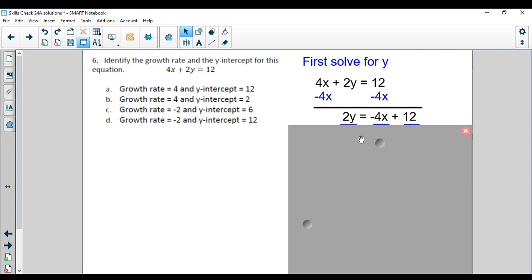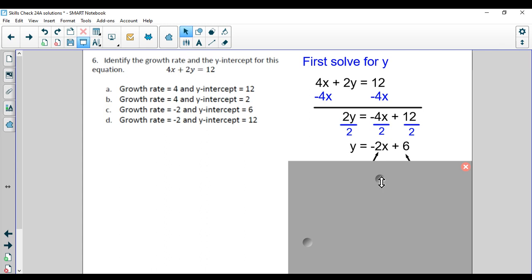And as you can see, my next step is going to be division. We want to get the y by itself, so I need to divide both sides by 2, which means I take each part and divide it by 2. So this ends up to be y, this ends up to be negative 2x, and this ends up to be 6.